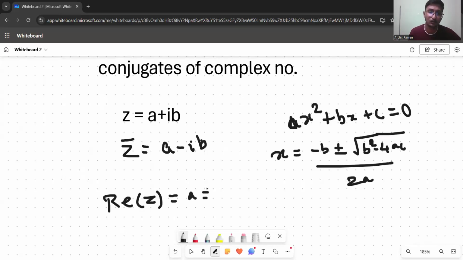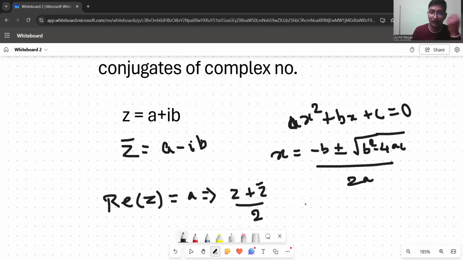So what we can do to generate a from a plus iota b and a minus iota b? Simply add both of them and divide by two. If we add a and a, we get 2a. Iota b and minus iota b get cancelled and we get 2a. And hence we have to divide it by 2. So it is actually z plus z bar divided by 2.